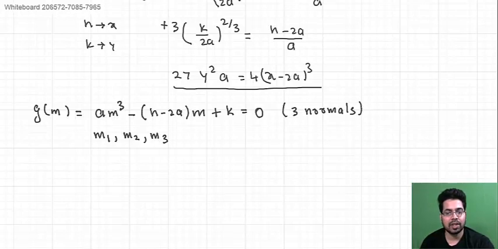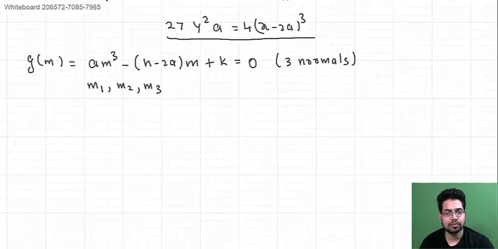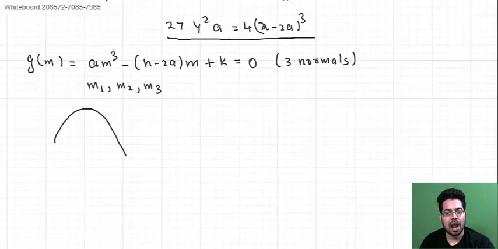So if I'm having a cubic and it is having three distinct roots, that means the cubic is going to cut the axis at three different points.